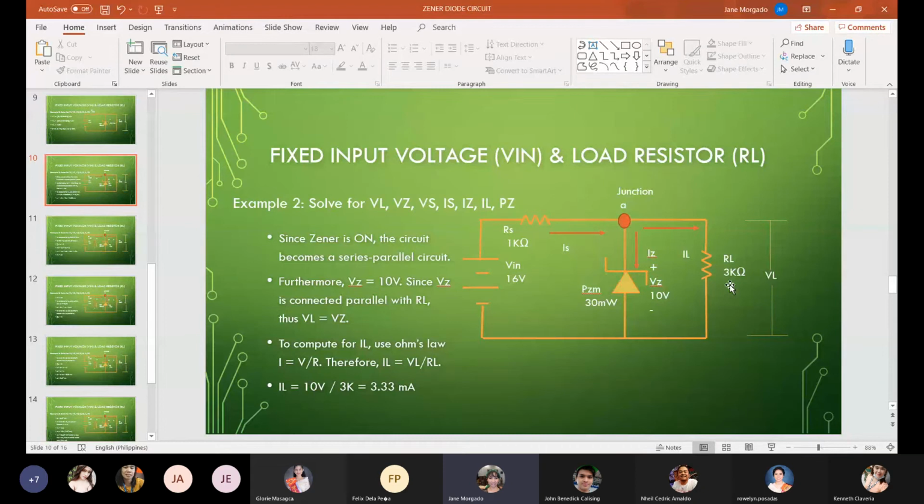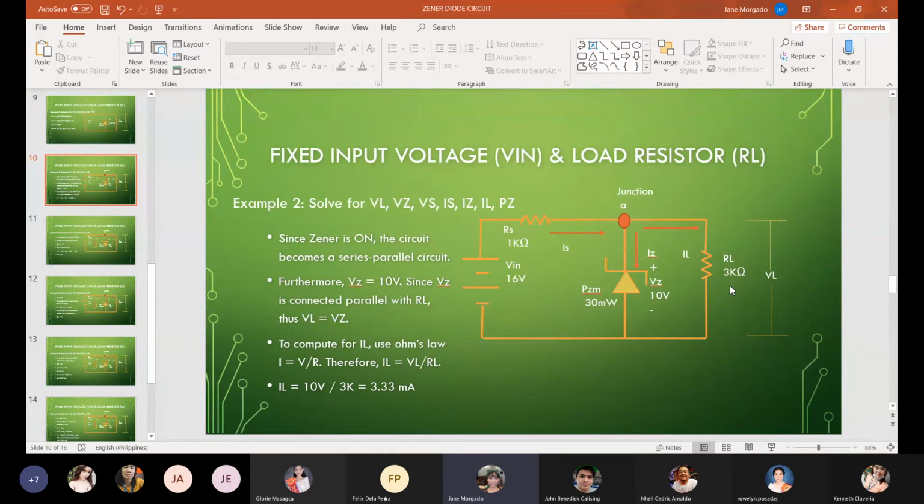Okay? And now, to compute for our IL, load current, we may use simple Ohm's law. Yan, Ohm's law na lang. Okay? And the Ohm's law is V is equal to IR. Yan, mga basic equations sa mga electrical circuits, but very useful.